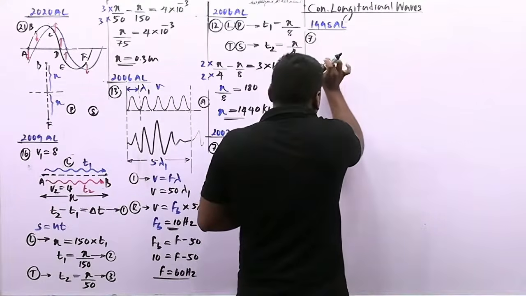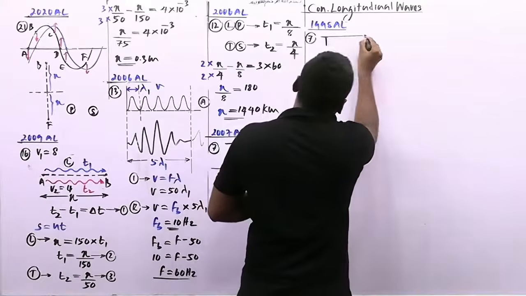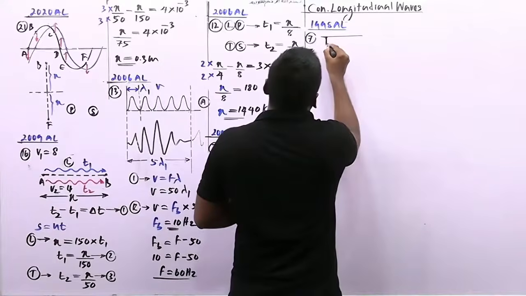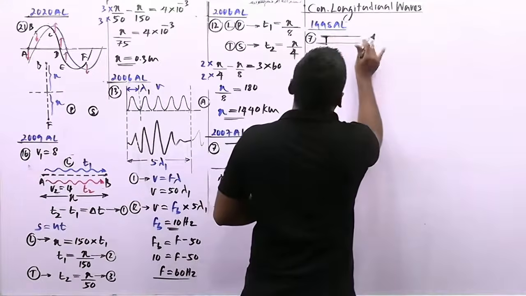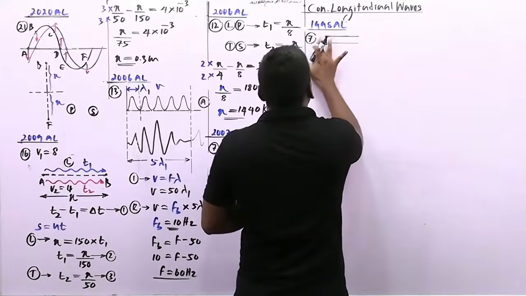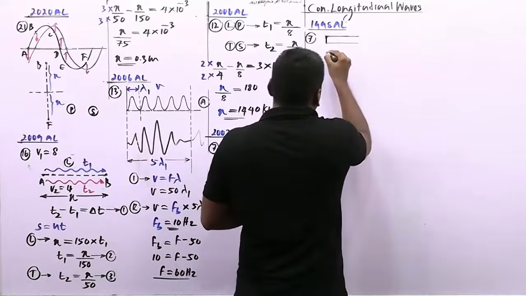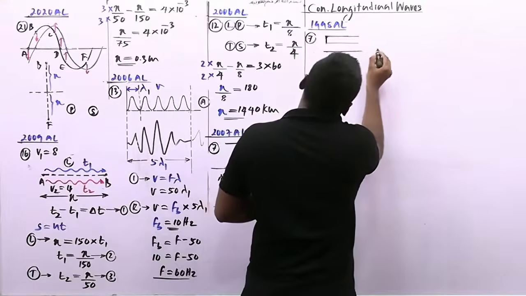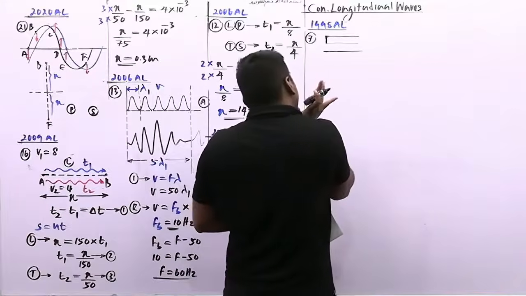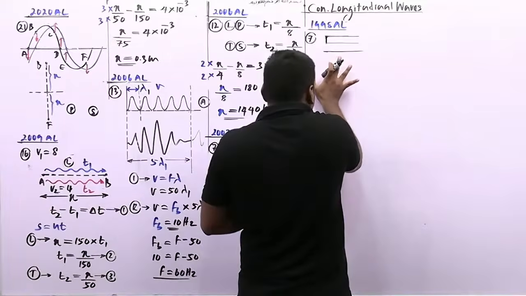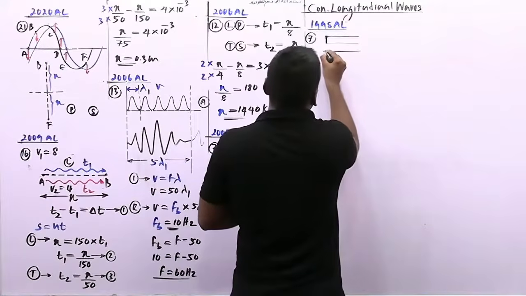One is a one end closed tube, the other one is a both end open tube. As per my understanding, the length of the open end tube must be greater.